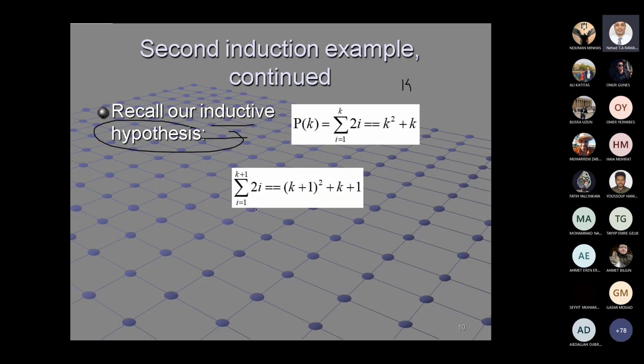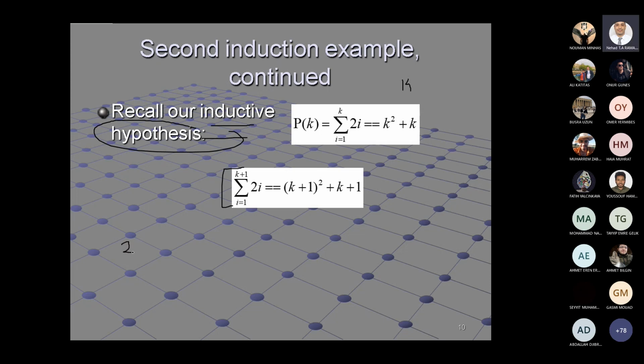Then for k plus 1, how to calculate it? We take k plus 1 outside, so instead of i, we take i as k plus 1.